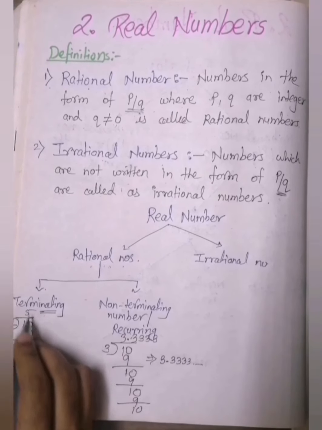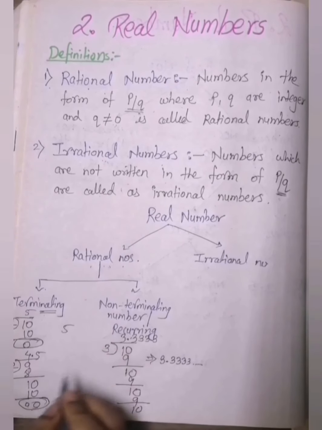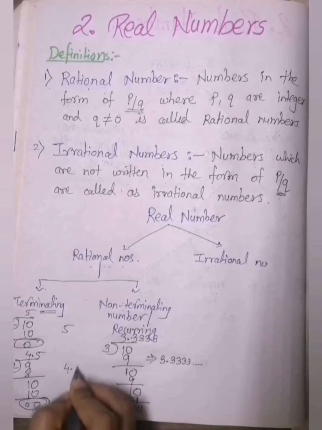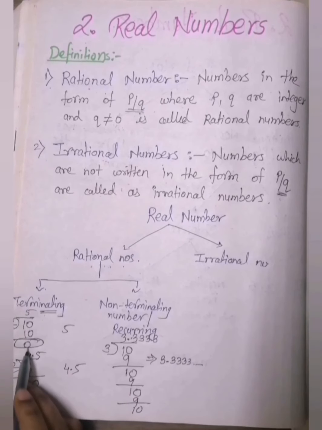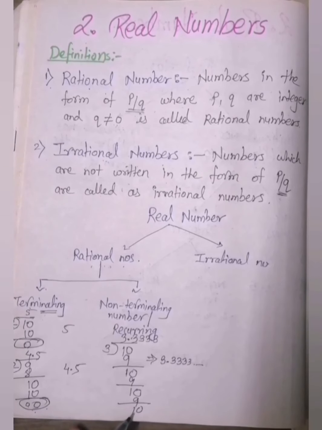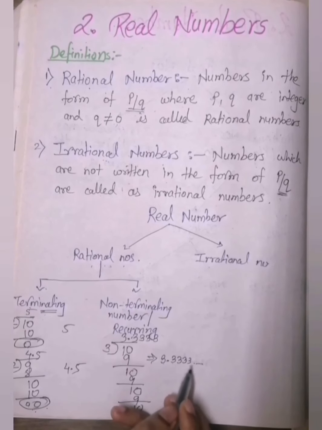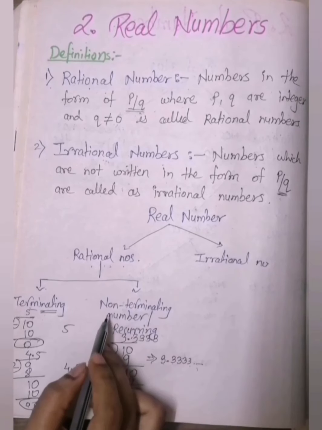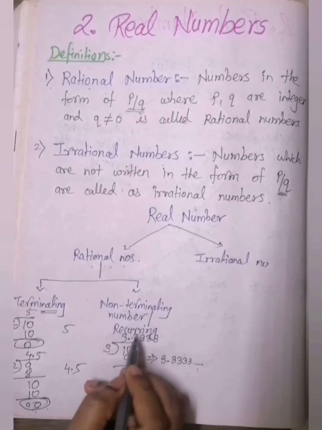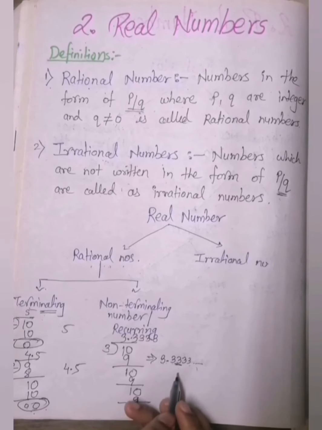Clear? In terminating we get an answer like 4.5, meaning when we get a remainder 0, it is terminating. When we don't get a remainder of 0 and it goes like 3.333, it is an infinite number. So this is non-terminating, recurring. Recurring means that after the decimal we get a repetition of the same number.